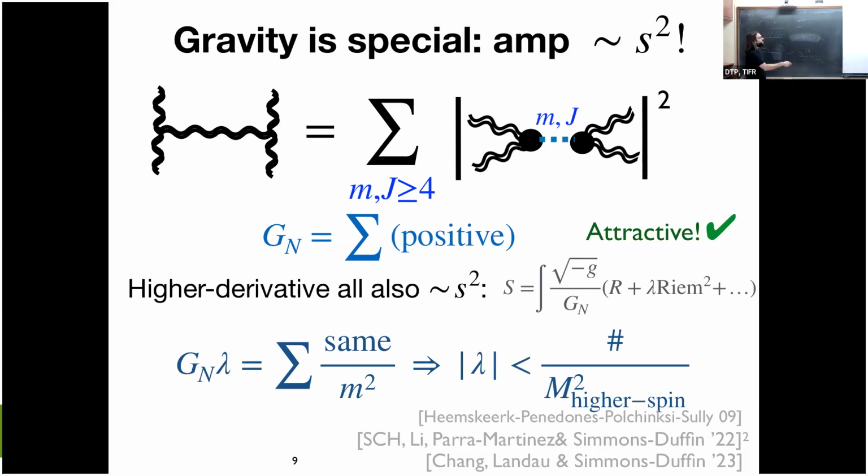So knowing that G Newton is small in some units tells you that the graviton has to couple weakly to anything. So already just from that sum rule, if G Newton is small, this whole thing excludes any strong coupling of graviton to anything below the Planck scale.